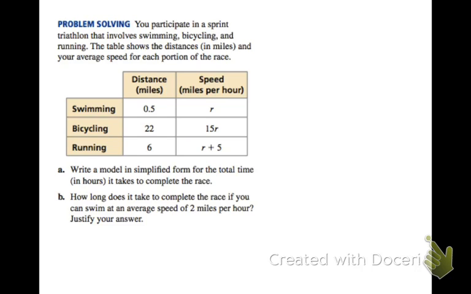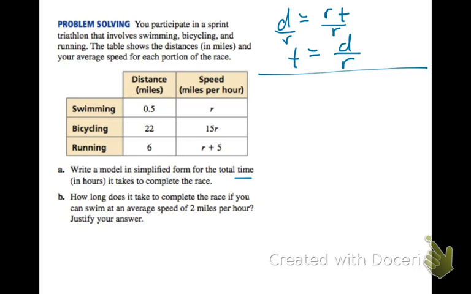Well, the first thing you need to remember is just a simple formula that distance equals rate times time. But we want a model for time. So if we solve for time, then we can see that time is the rational expression distance divided by rate.